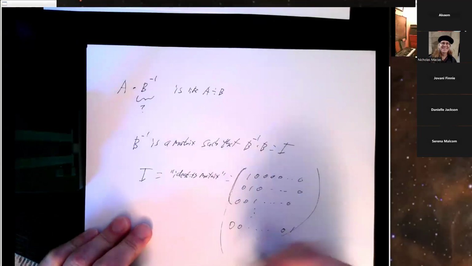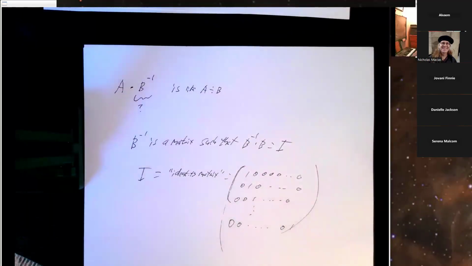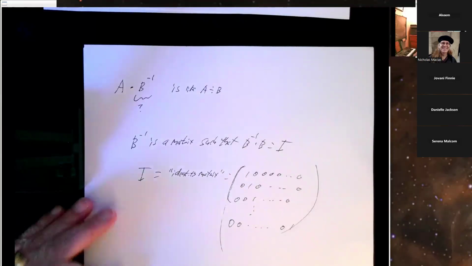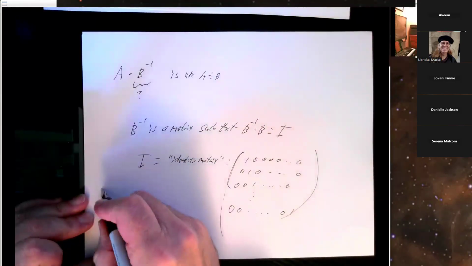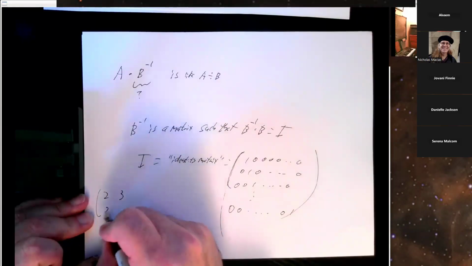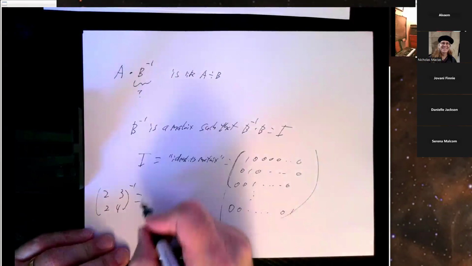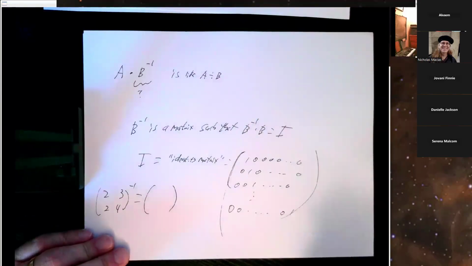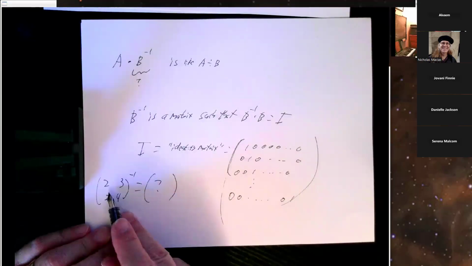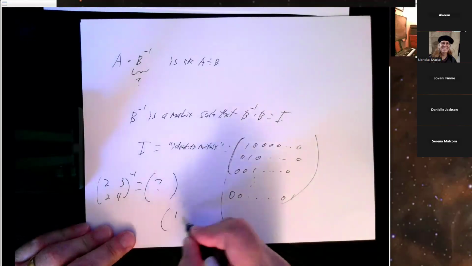It's a matrix with 1s along its diagonal and 0s everywhere else. So if I wanted the inverse of this matrix 2, 3, 2, 4, it would have to be some matrix such that when I multiply it by 2, 3, 2, 4, I get this.